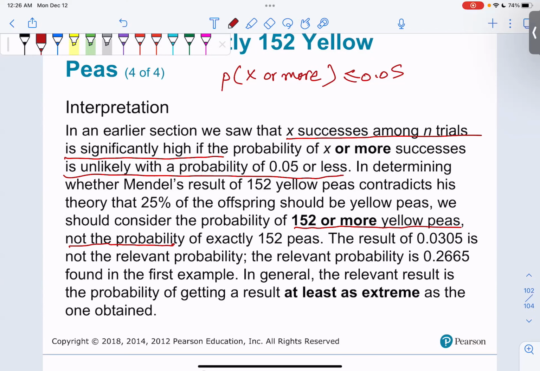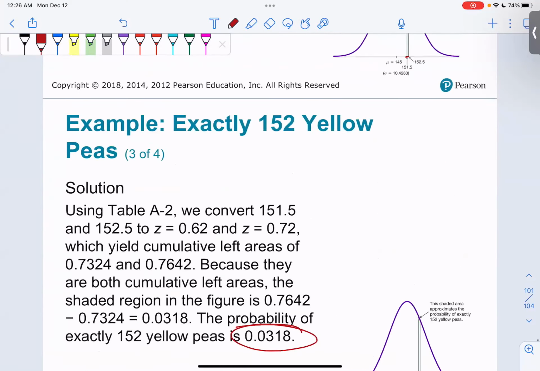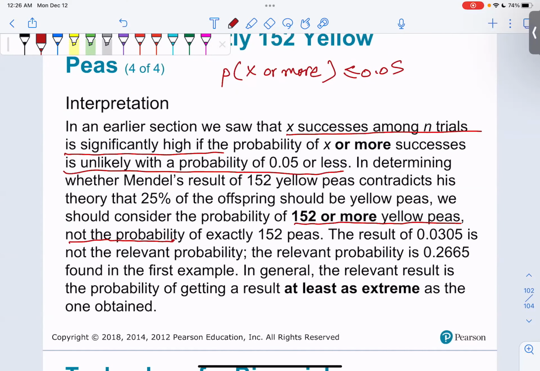On the first question, this is part A, which is we got that the probability is now, yes, here. So this one will be a high number of successes, but the relevant probability, which is 0.26, was found in the first example. In general, the relevant result is the probability of getting a result at least as extreme as the one obtained.